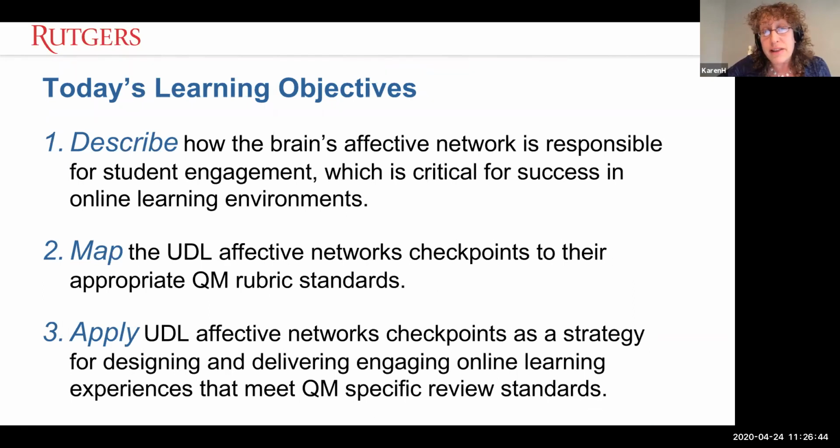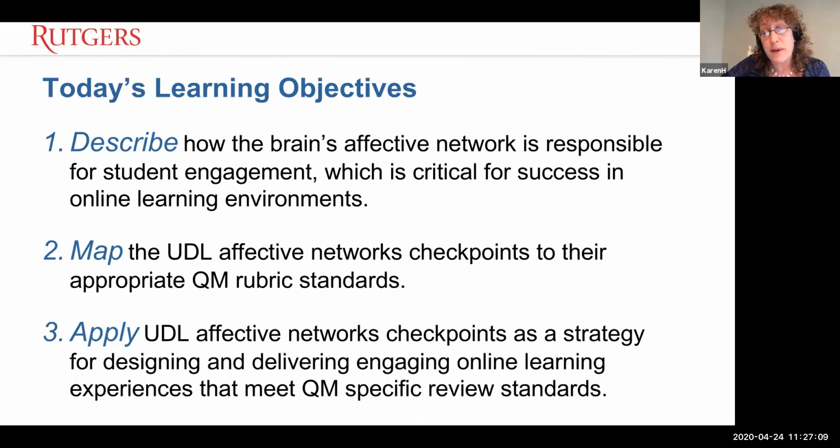So here are the learning objectives for today. I'm going to just take a moment to let you read them. They might be a little more complicated than they are in actuality. But first off, we're going to talk about the brain's affective network.